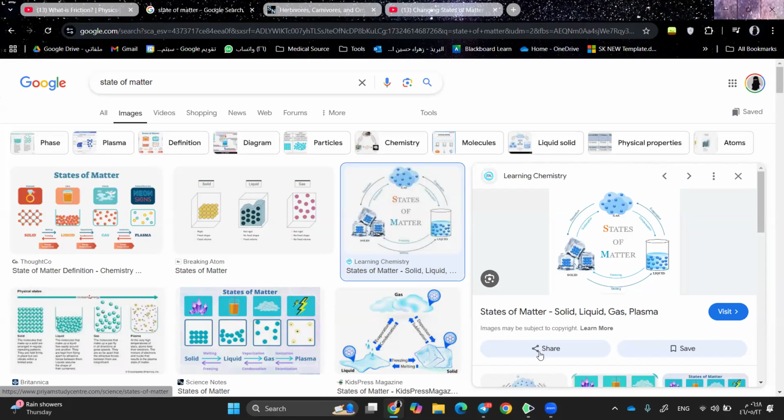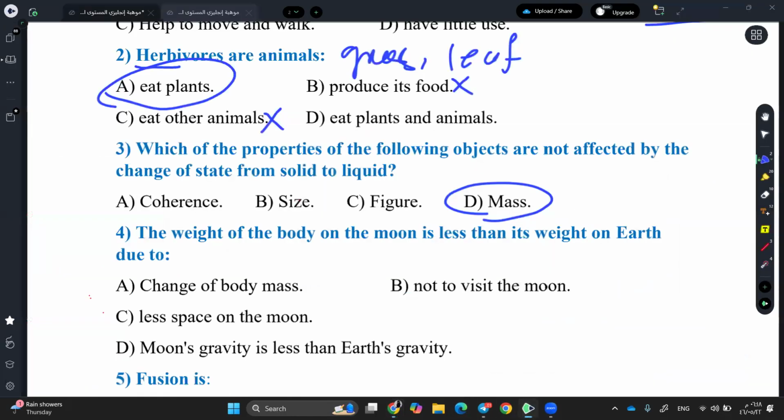So when it changes from solid, which is ice, into liquid, it will have the same mass. This is our question here: the property that is not affected by the change of state from solid to liquid.